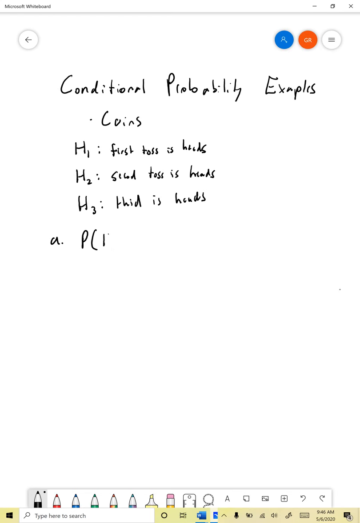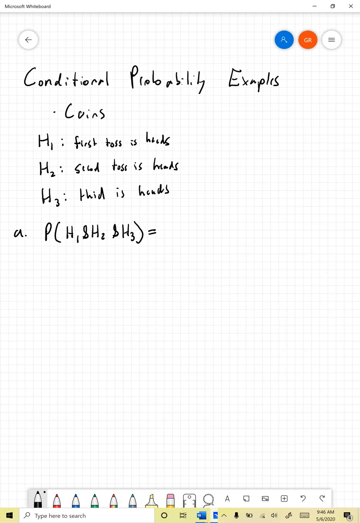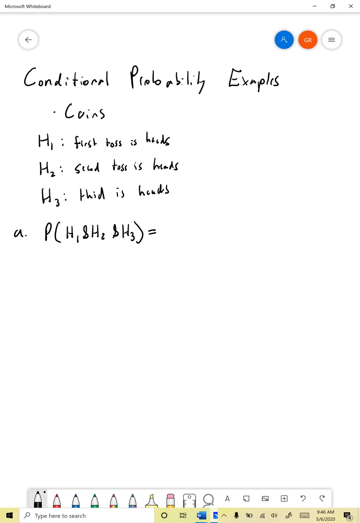And we can write that in our language here as the probability that we'd get H1 and H2 and H3. Now, we'll work through this one really carefully, maybe more carefully than you have to, just to see how it all works out. Here, this is a conjunction.